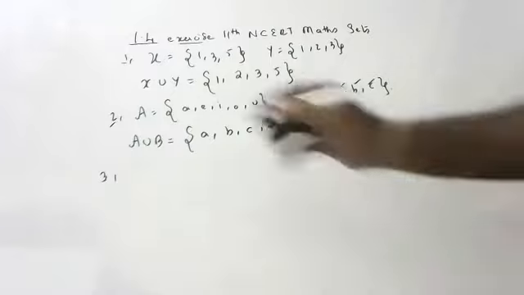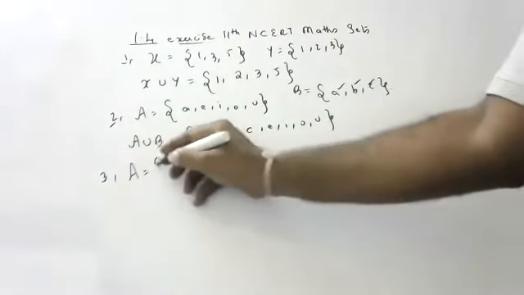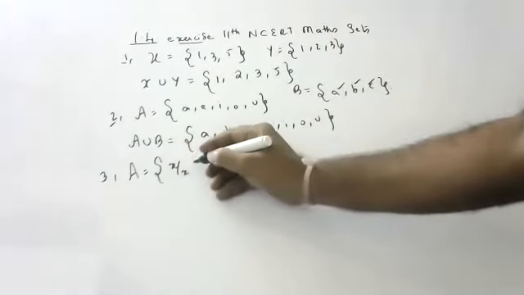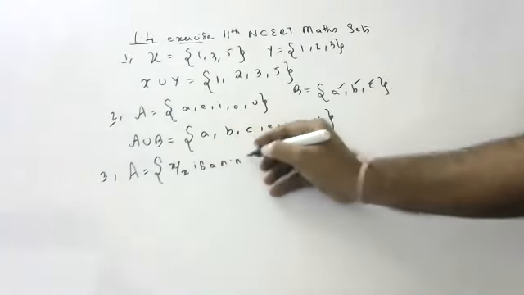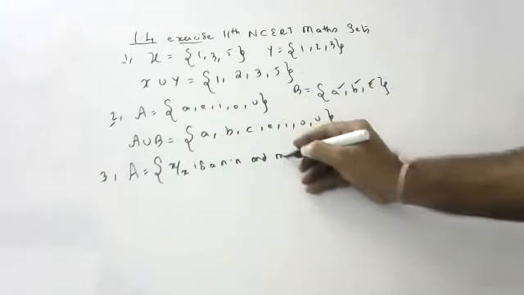Next one, children. I'm writing in set builder form. A is {x such that x is a natural number and a multiple of 3}.